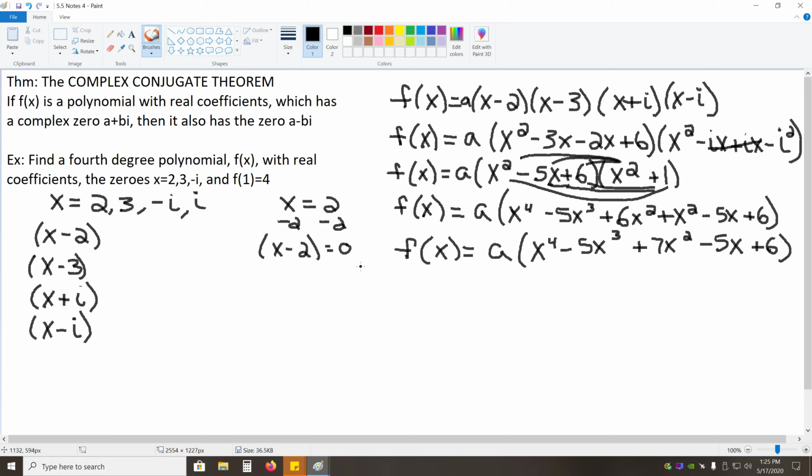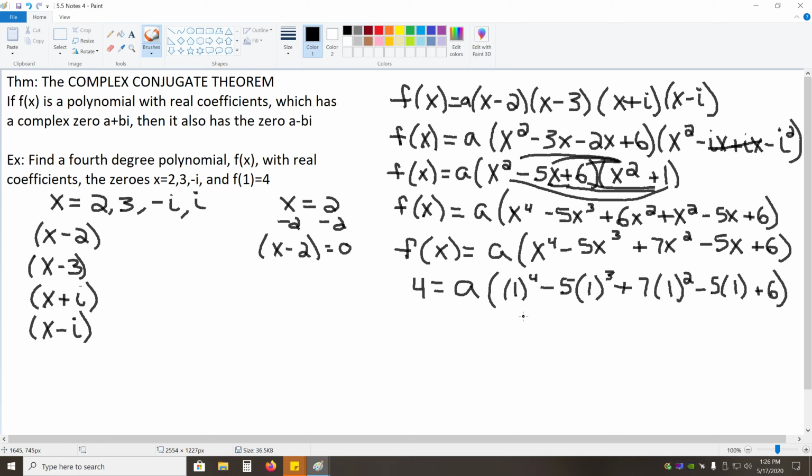And now the last thing that we want to do here is solve for this a, and we'll have our function. And we solve for the a by saying f of 1 equals 4. When we plug in 1 into this function, we'll get 4. So 4 is equal to a times 1 to the fourth minus 5 times 1 to the third plus 7 times 1 squared minus 5 times 1 plus 6.